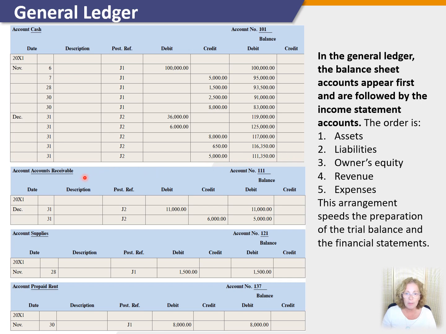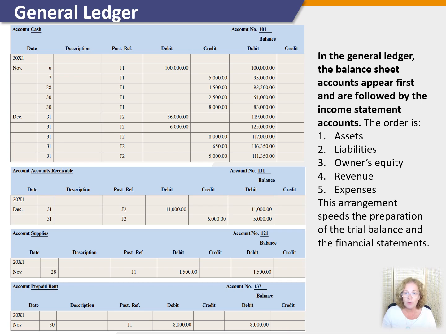In the accounts receivable account number 111, we can see that we had credit sales of $11,000, but that currently clients owe Eli's Consulting $5,000. The account supply shows a balance of $1,500, and prepaid rent account 137 shows $8,000.